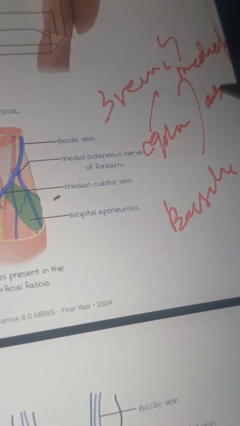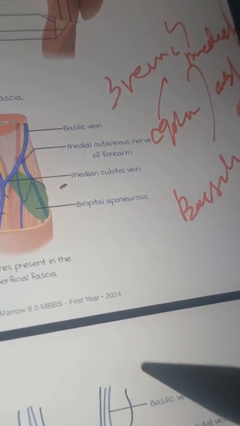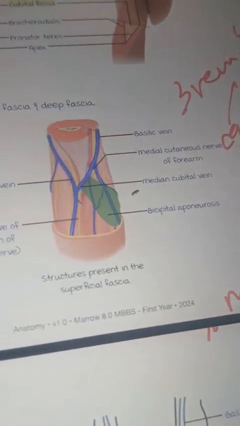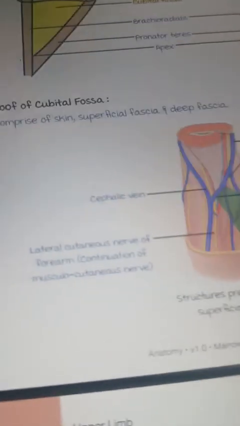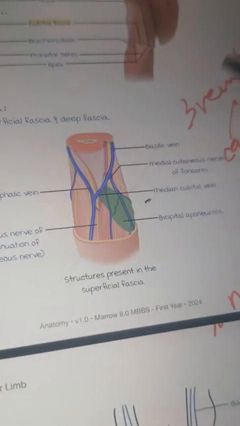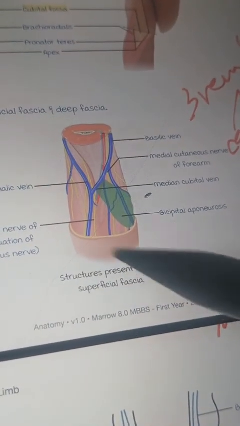Then we have two nerves, the medial cutaneous nerve of the forearm and the lateral cutaneous nerve of the forearm, and then one aponeurosis, called the bicipital aponeurosis.